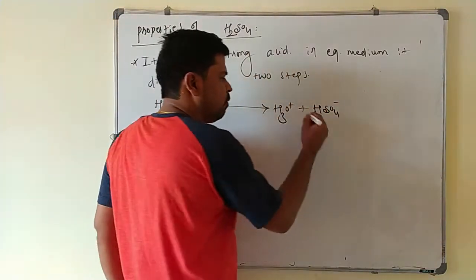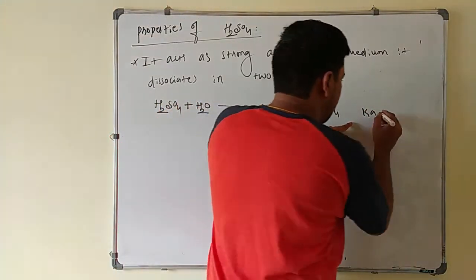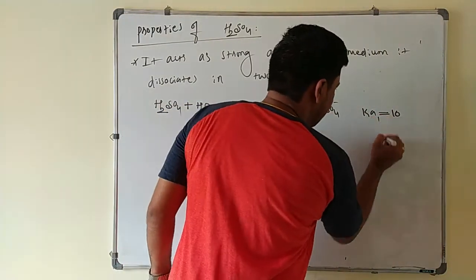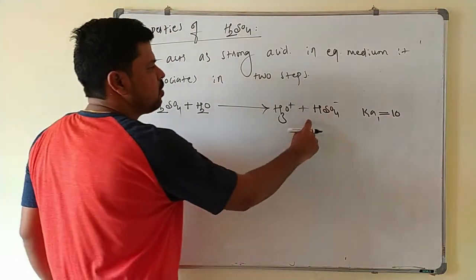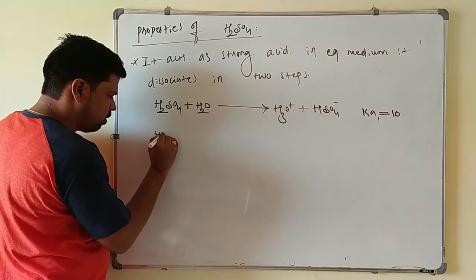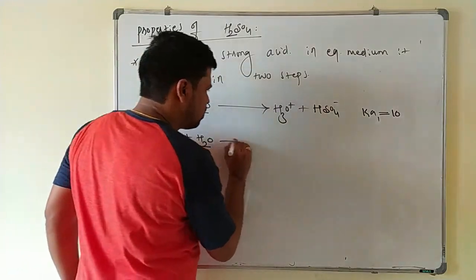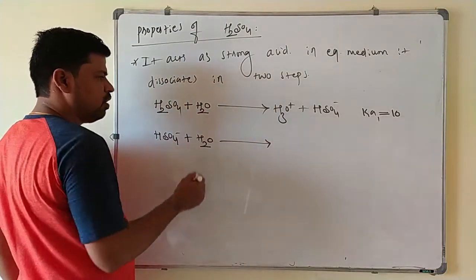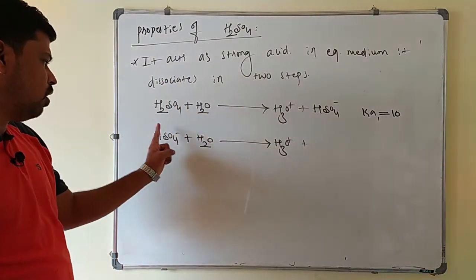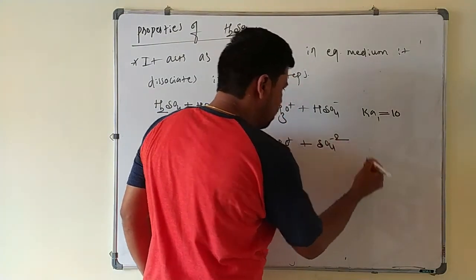For the first step, the Ka value, the dissociation constant for the acid, is equal to 10 here. I will write it as Ka1 for the first step. Next, this HSO4 minus again dissociates to give another proton. HSO4 minus plus water gives another proton, so there is a formation of H3O plus. This water accepts a proton from the HSO4 minus, and then there is a formation of SO4 minus 2 here.